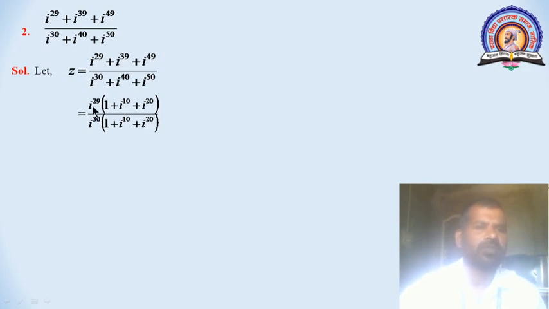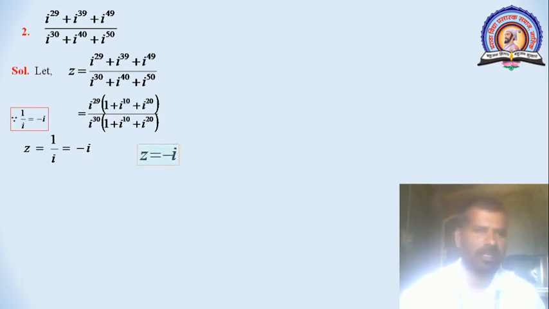So we get i^29 into (1 + i^10 + i^20), and on the denominator i^30 into (1 + i^10 + i^20). So these two brackets get cancelled.